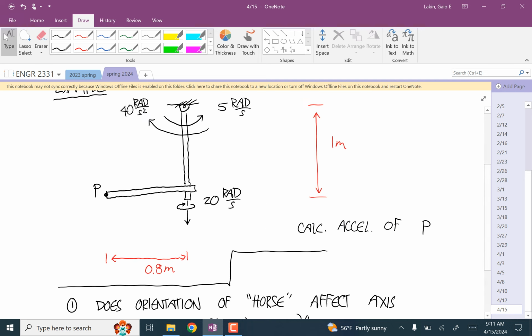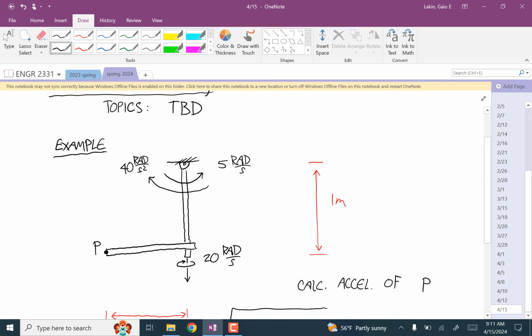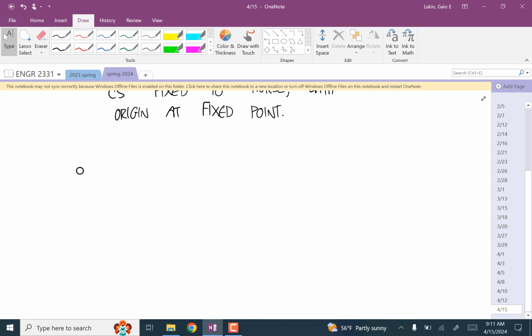Okay, so we're going to use a coordinate system that's fixed up there, like, so if this is the body, we'll use a coordinate system like this.